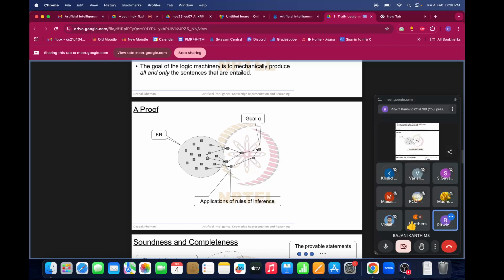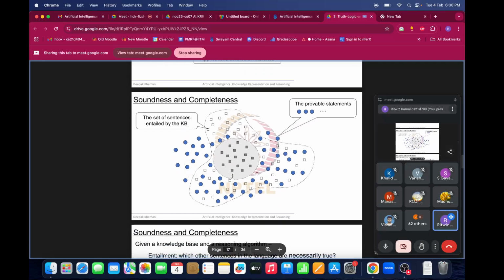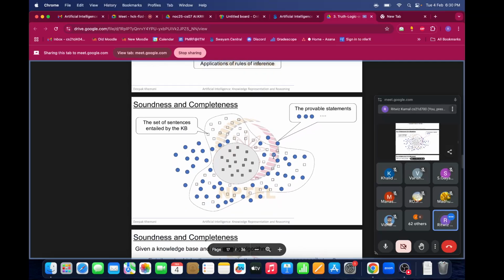This is an example of a knowledge base, and the small squares are the facts given inside it. We apply the rules of inference and arrive at a set of new facts that are not in the knowledge base, for example this one and this one. Now these may or may not always be true. Let's look at this new figure. This is our initial knowledge base.